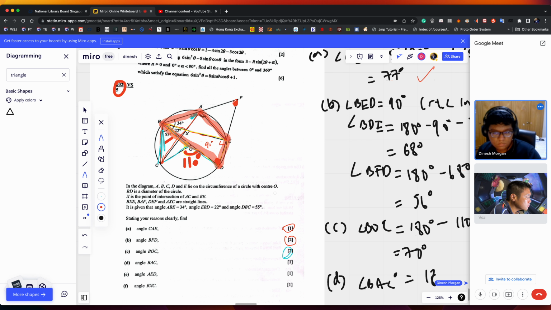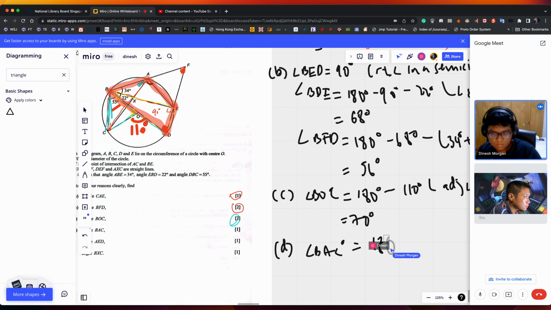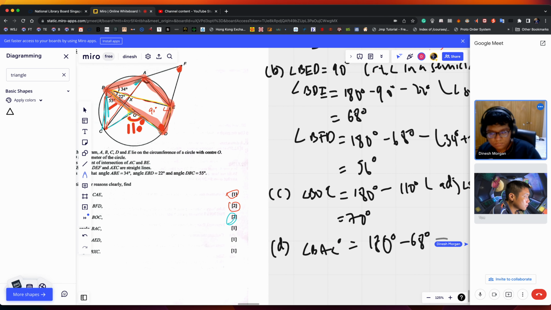The black one, DAE, is it? No, you need to find the blue one, but this one you already found.